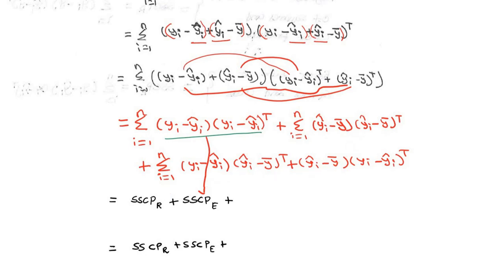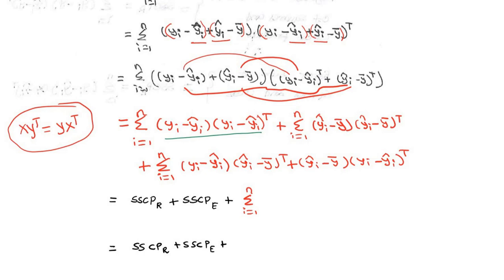Finally, the next term should be altered somewhere. So I am writing summation i equal to 1 to n, and you have one property of matrices: if x and y are of the same order, then (xy) transpose can be written as (yx) transpose. Both have the same value if x and y are of the same order.